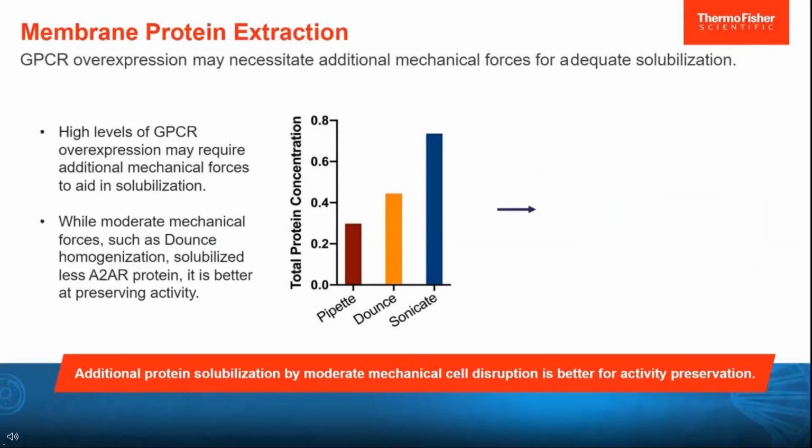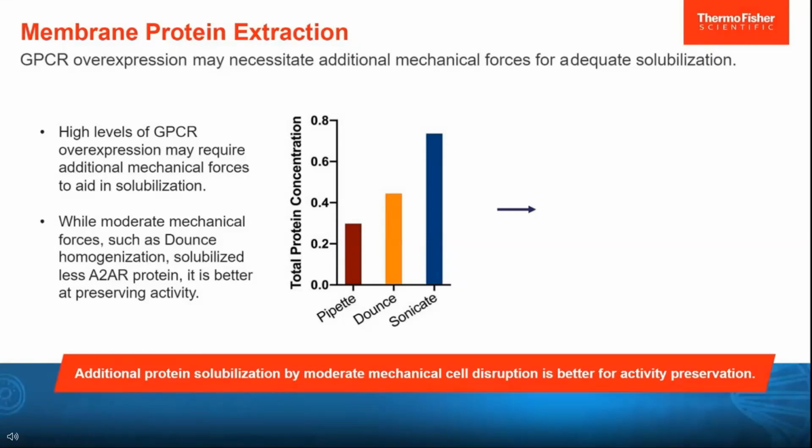In addition to utilizing extraction and solubilization reagents, high levels of GPCR overexpression may necessitate the use of additional mechanical forces to aid in solubilization. In this particular case, after expressing adenosine receptor type 2A, various techniques such as pipetting, Dounce homogenization, and sonication were employed to disrupt the cells and harvest the protein.